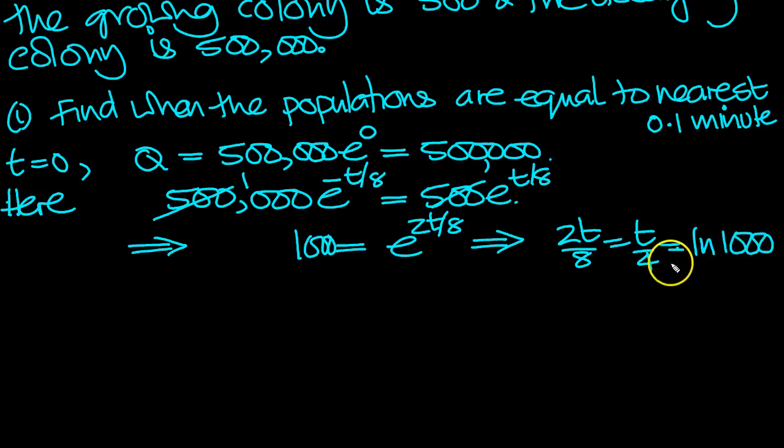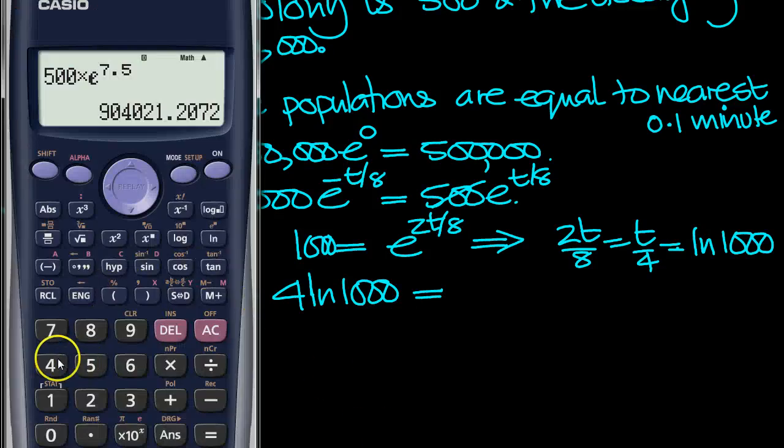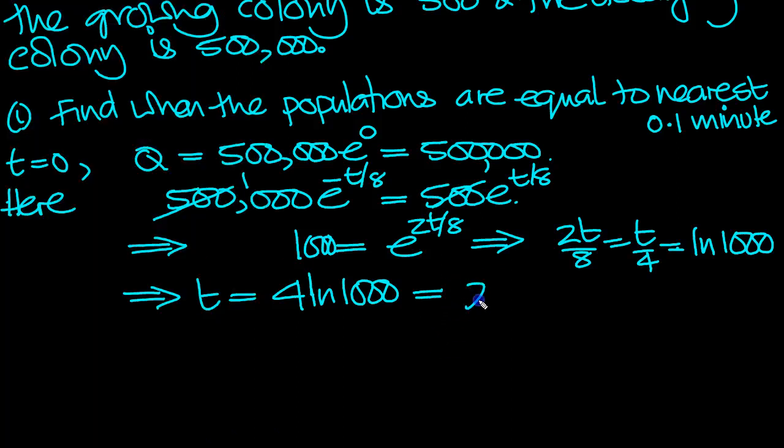So t is equal to, move the 4 from divide to times, 4 ln 1000. So let's tap that out. 4 times ln of 1000 equals 27.63. This is in minutes, so it's 27.6 to the nearest 0.1 minute.